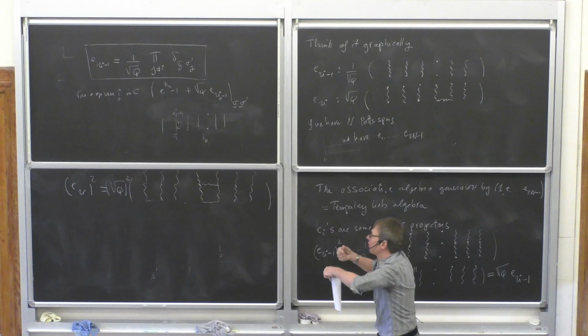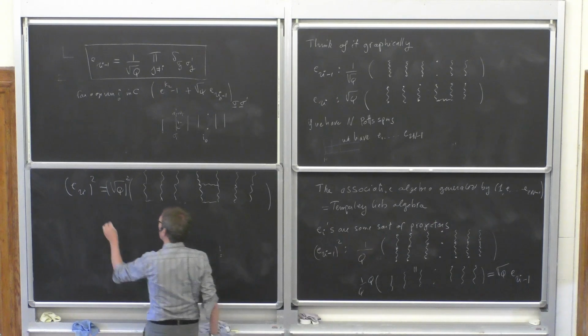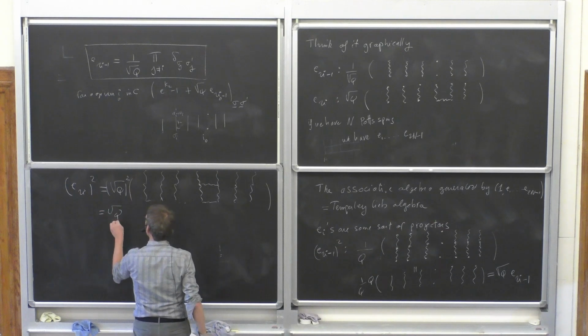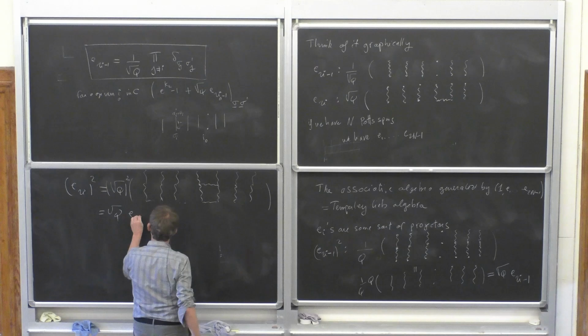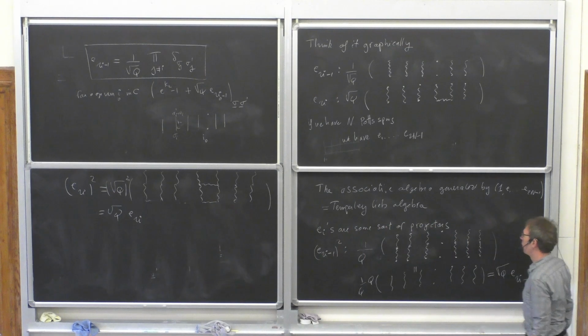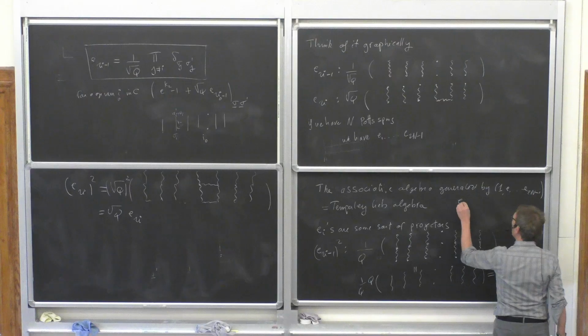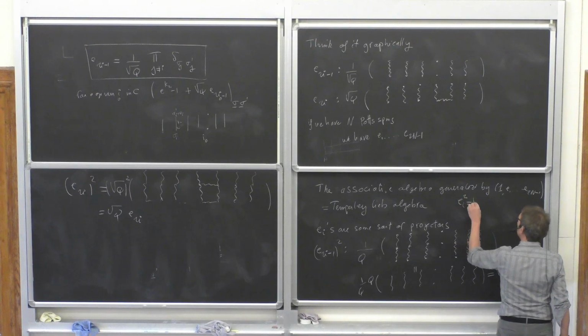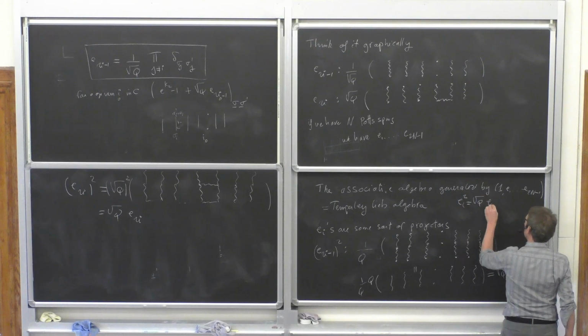If I act twice, I get just the same thing, of course. So that's square root of Q E2I. Okay, so we're having our first relation, totally dumb relation, EI squared is square root of Q EI.